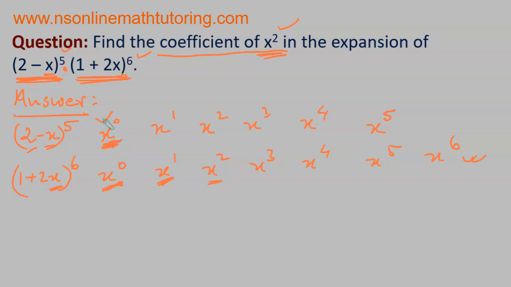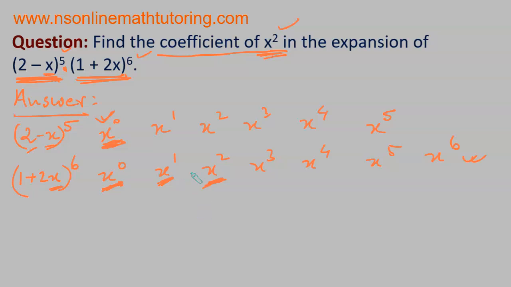We are taking the constant term from the first expansion and checking which term, when multiplied with this constant term, will give us the power of x as 2. Obviously, this constant term multiplied with this term which contains x to the power of 2 will give the product term containing x to the power of 2.